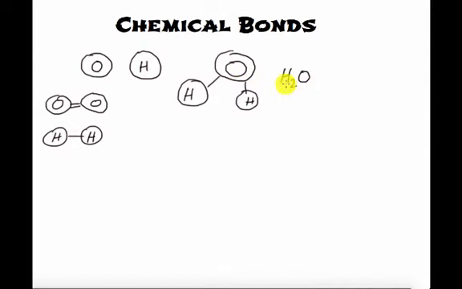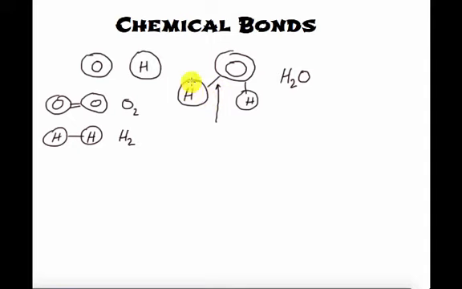It tells us that there are two hydrogens and one oxygen atom in our single molecule of water. Over here I would write this as O2 for our oxygen molecule, and for hydrogen I would write H2. The numbers on the bottom tell us how many atoms there are in each of the particular compounds.